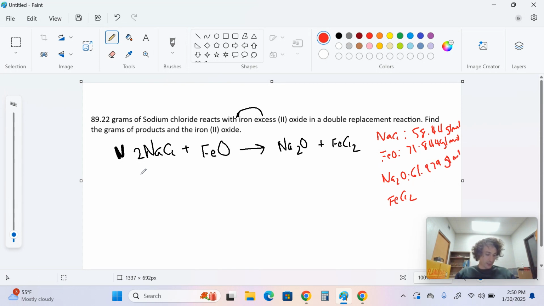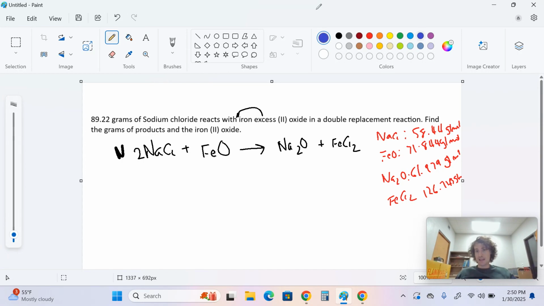And iron 2 chloride: 35 point that. And I get 126.745. That looks right. 126.745 grams per mole.